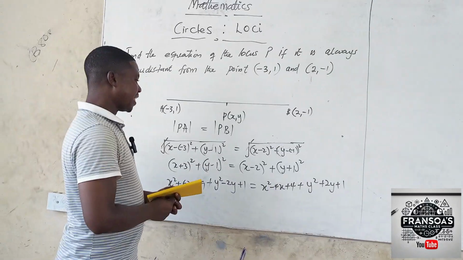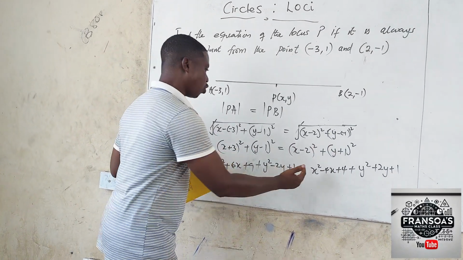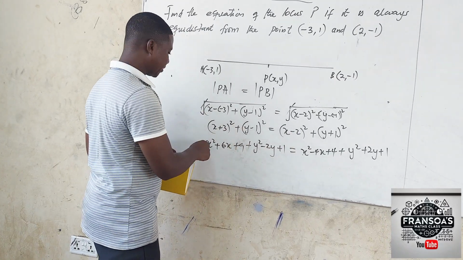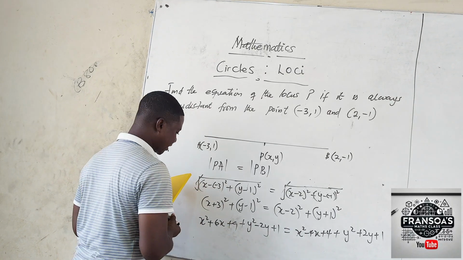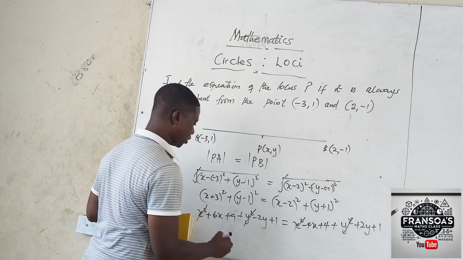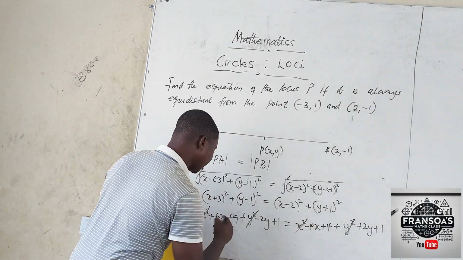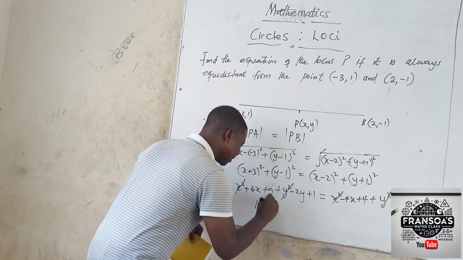After getting this, the next thing is we need to group all of them. Bringing this here, x squared minus x squared is gone, and the y squared will also go. So we have 6x here. This one coming here is negative, so it becomes positive, and it becomes 10x.